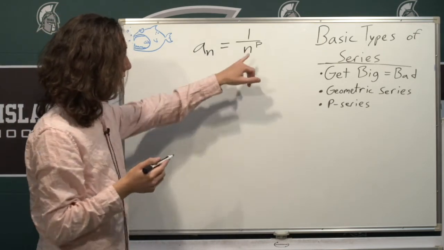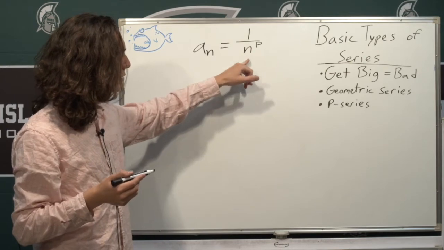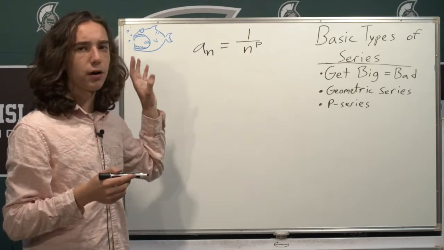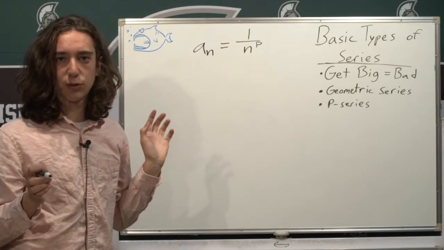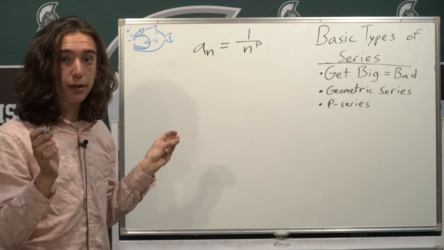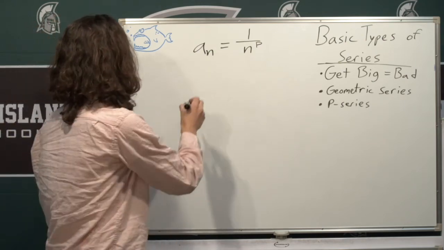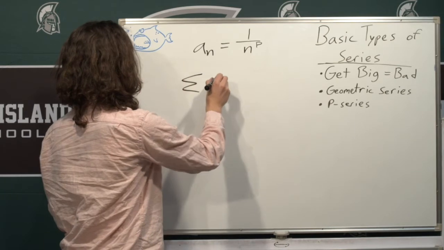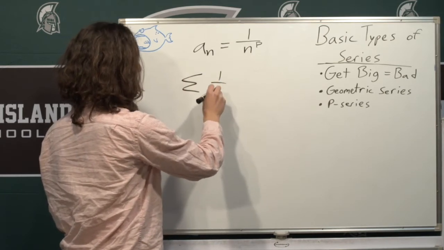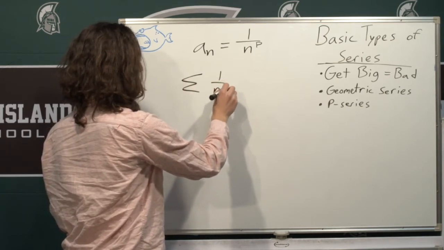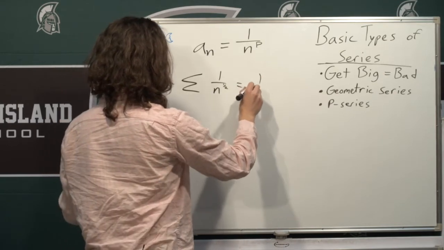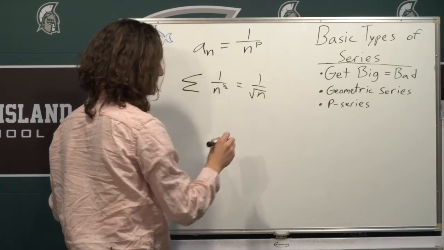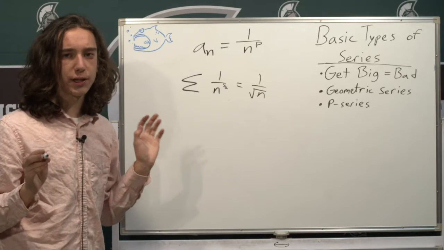And with a p-series like this, you can see how since we've got an exponent in the bottom, it's also probably going to get small really quick. But if the exponent is less than 1, if we had the sum of 1 over n to the 1/2, which is the same as 1 over the square root of n, it's still approaching 0.